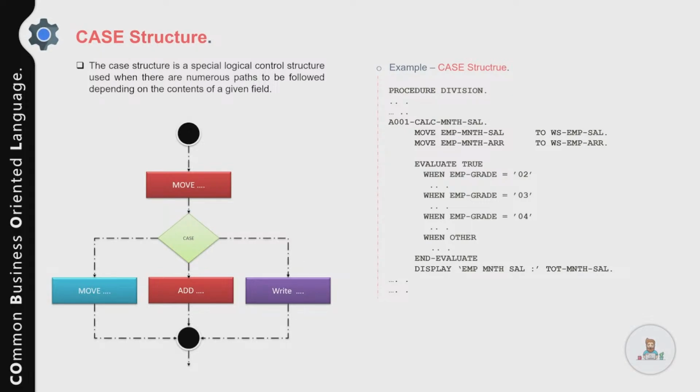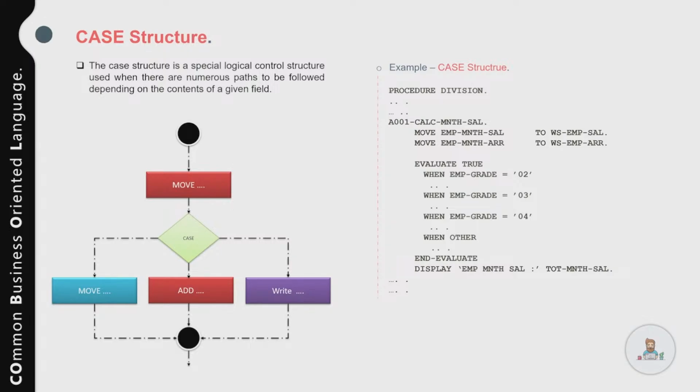And after that, you have a condition, and based on that condition, one of these three statements will be executed. And remember, all three will not be executed, only one of the statements will be executed. But that execution will depend on the content or the value of a given field. And how can you implement that in COBOL? So for that, you generally use the evaluate statement.